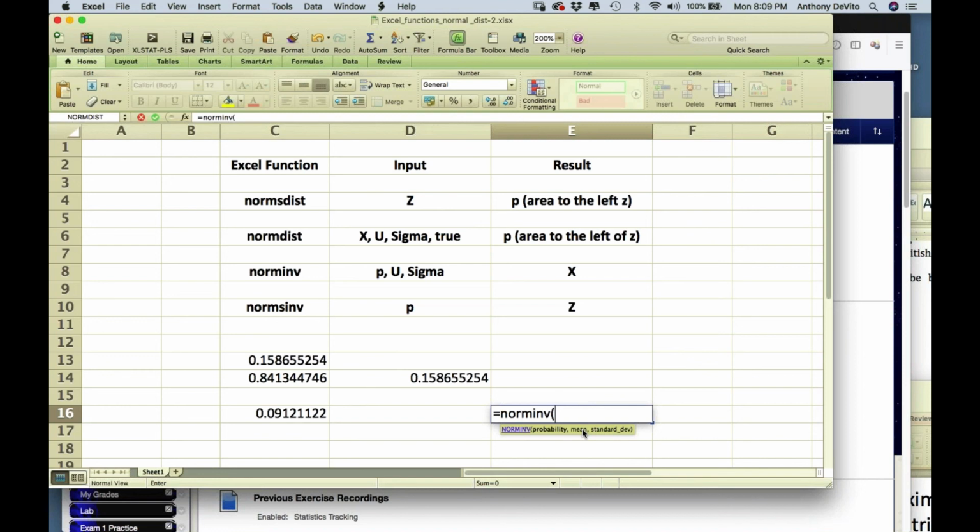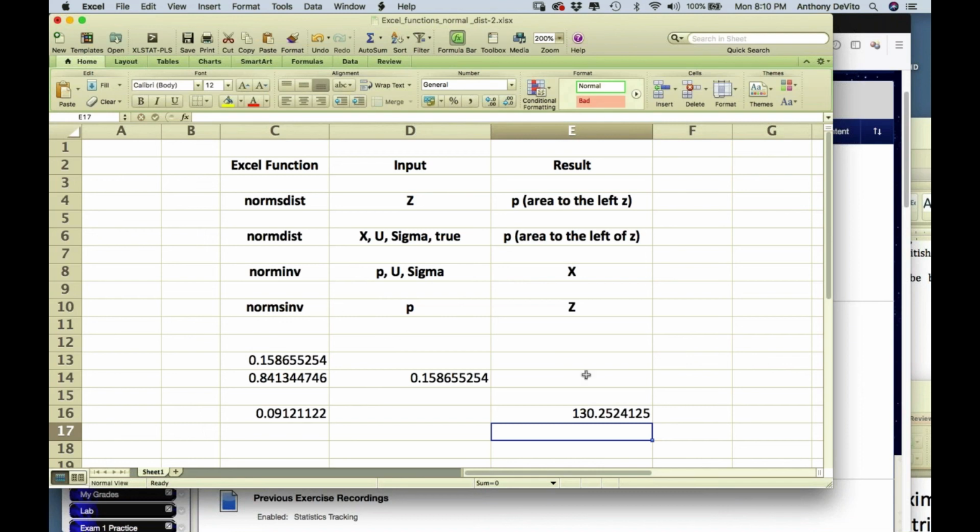Since we always work to the bottom, the probability to the left of this value is 0.90, comma, the mean, I think, was 120, and the standard deviation was 8, right? I'm going to close that, and it should give me a value that represents the blood pressure that has 90% below that and 10% of the population above that. And it was 130, or a little over 130, the same as we calculated using the table.